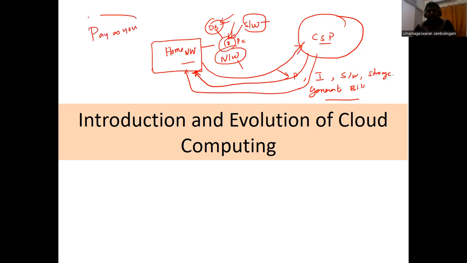This is the slogan we can use for cloud computing. You pay only for the amount you utilize, and nothing else extra.